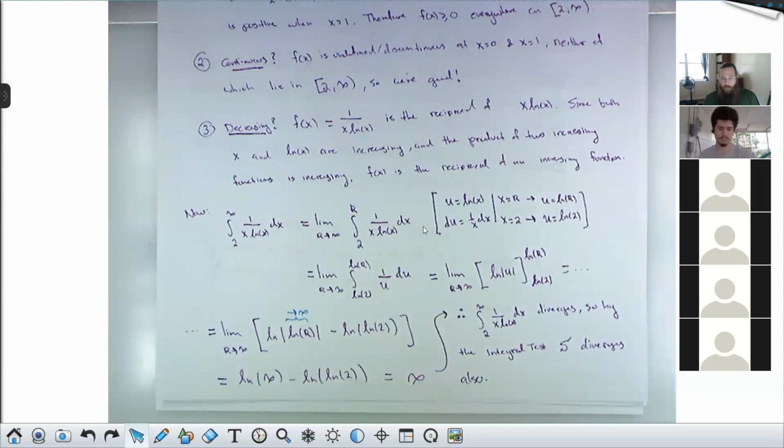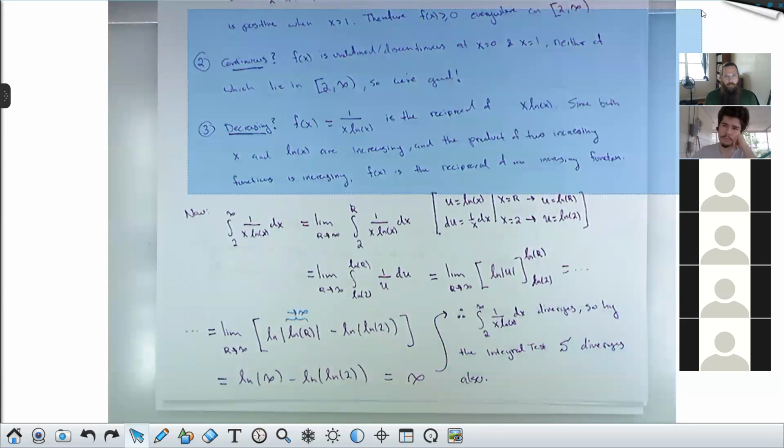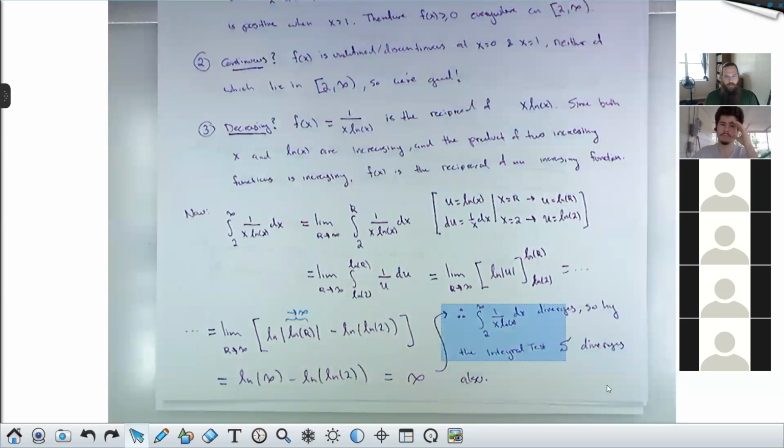The structure of the argument is important, not just the calculation. I want to say that. This last bit, this is the important part. We have to go through the hypotheses of the theorem and make sure that they're satisfied, and we have to conclude appropriately. So pay attention to the language that I use, especially in these last little bits.